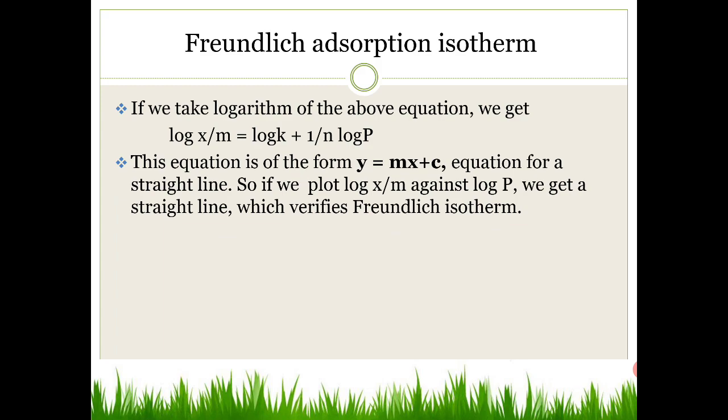When you get an equation y is equal to mx plus c, you can always plot a graph where y is taken against x, m is the slope and c is the intercept. Here log k is the intercept and 1 by n is the slope, with log x by m on one axis and log p on the other, so we get a straight line.